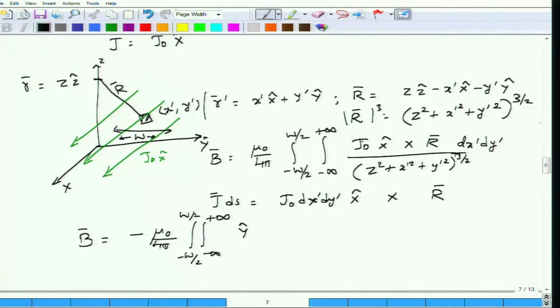So, what are the integrands here? This is y hat J0, there is still dx prime dy prime up here.